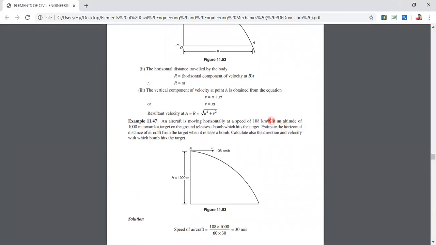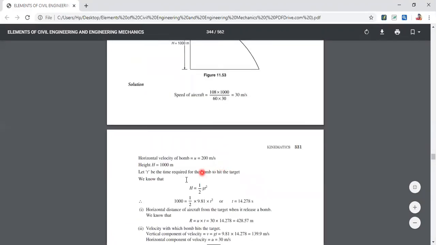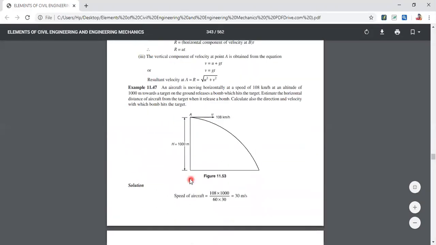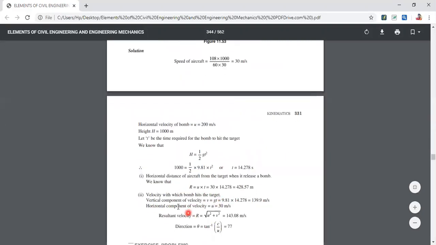I will calculate the horizontal distance, that is u into t. Height given to us is 1000. So we know that let t be the time required. h equal to half g t square. So I calculate t, which is unknown.